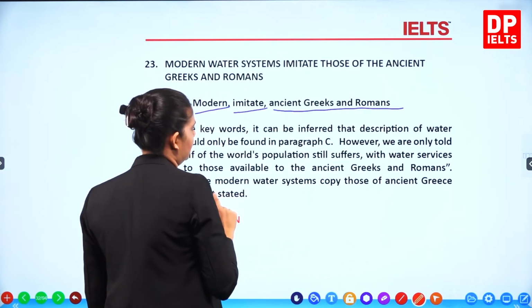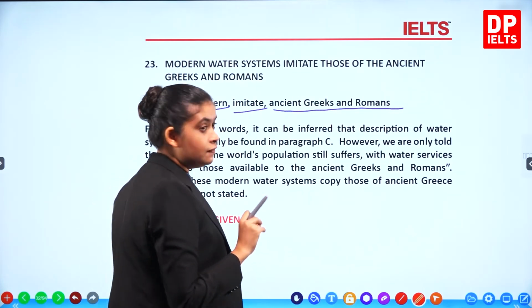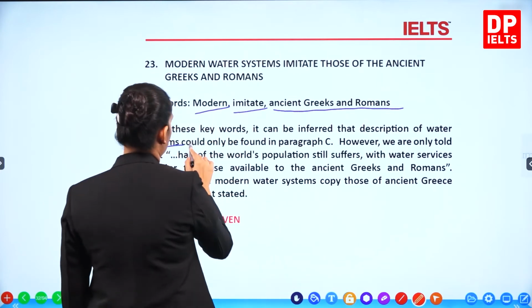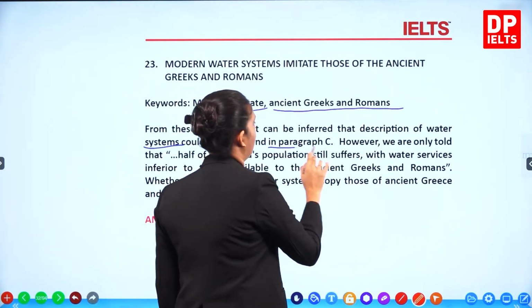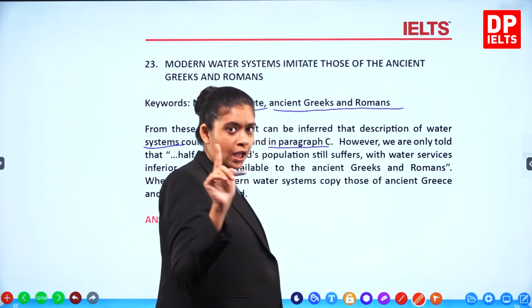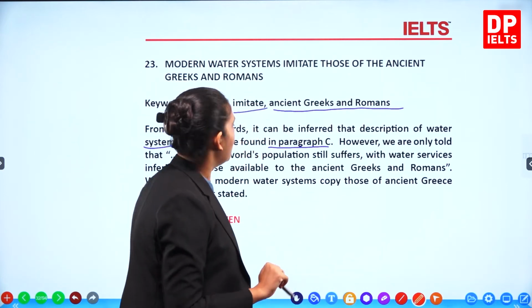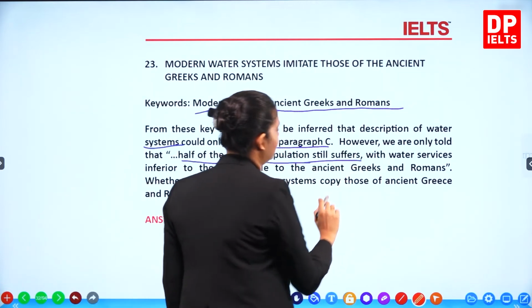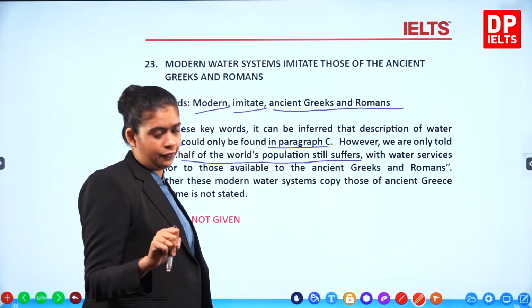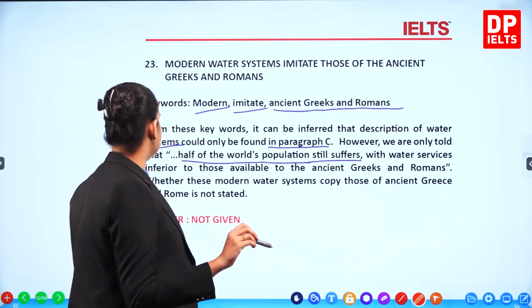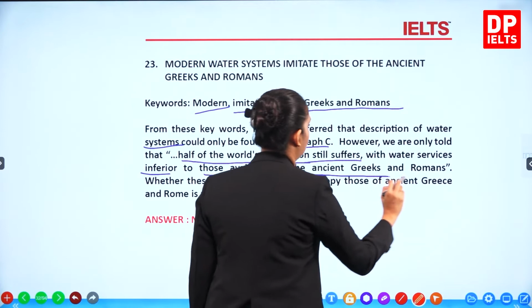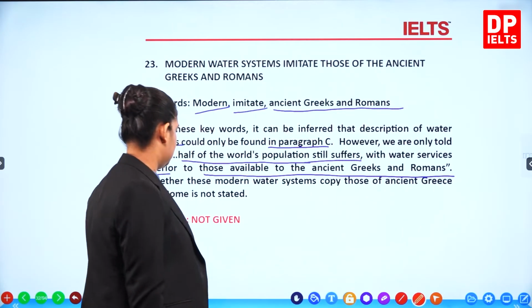From these keywords, it can be inferred that the description of water systems could only be found in paragraph C. However, we are only told that half of the world's population still suffers with water services inferior to those available to ancient Greeks and Romans.